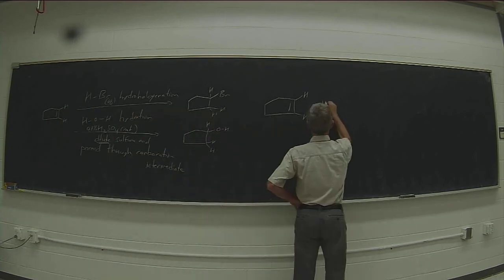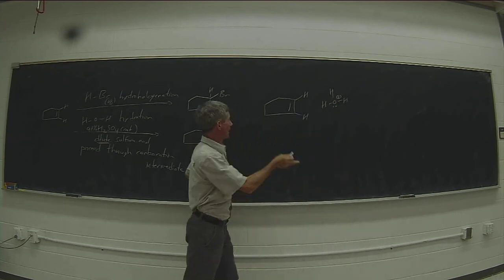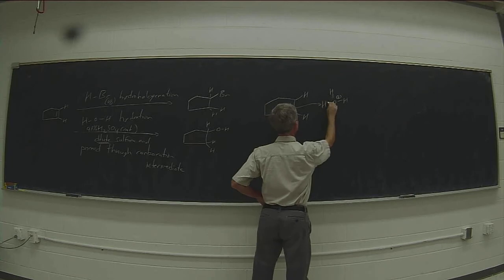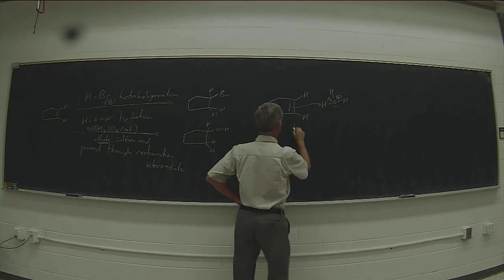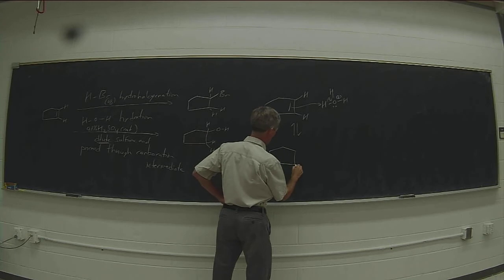where in both cases hydronium ion is your source of a proton. The pi bond attacks the proton to generate the carbocation intermediate.